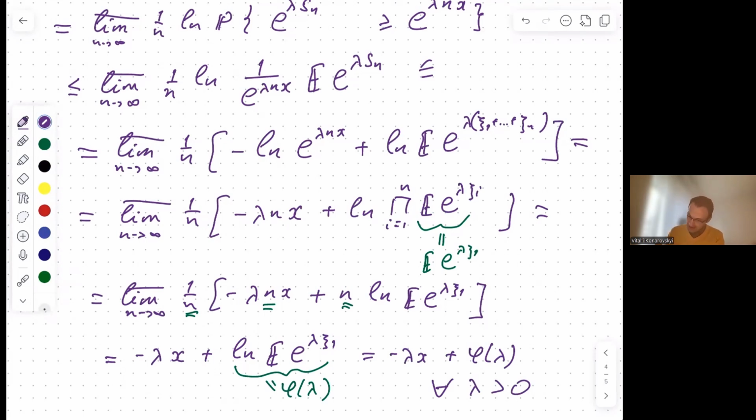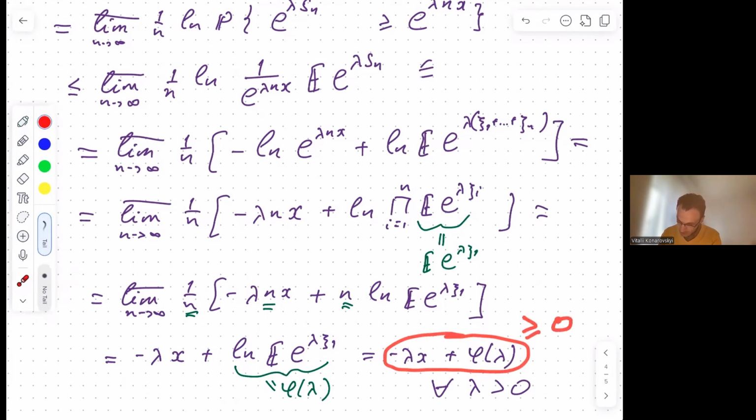Now, as an exercise, I propose you to prove that this expression is larger or equal than 0 for lambda which is negative or 0.